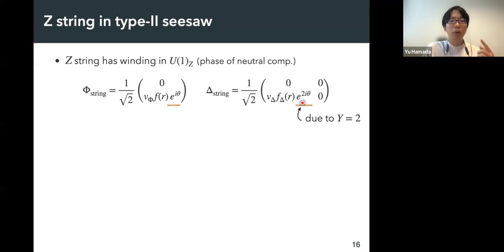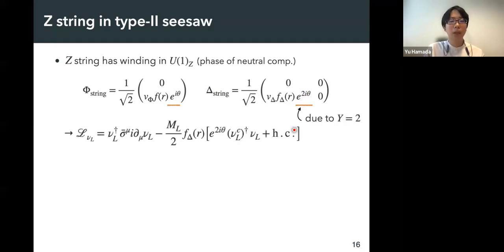The important point is that because this delta has hypercharge 2, this phase should have coefficient 2 here instead of 1. This is because of the hypercharge 2. And then let's substitute this string background into the neutrino Lagrangian.